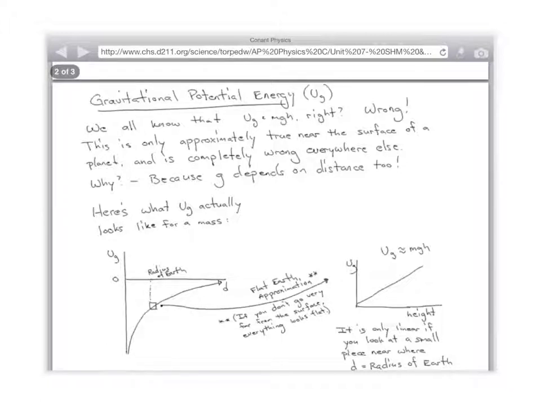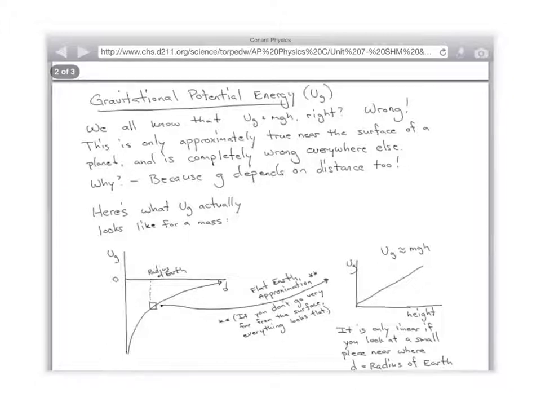So here's how it's going to work. First of all, if you have the sun, if you have Earth at position 0, what happens to your energy as you get closer to Earth? You lose potential energy. So here it has more potential energy, here it has less.